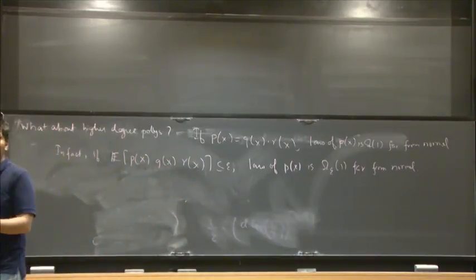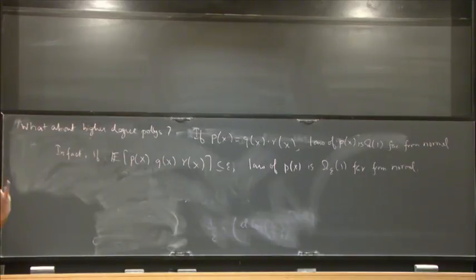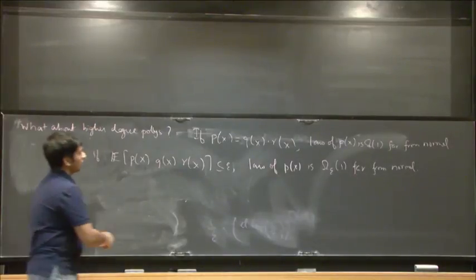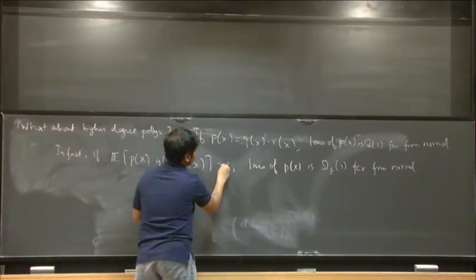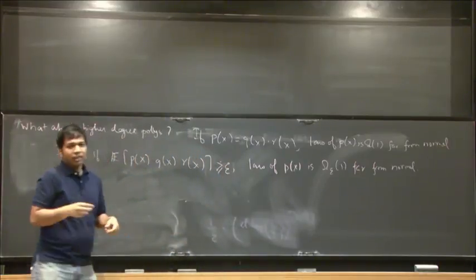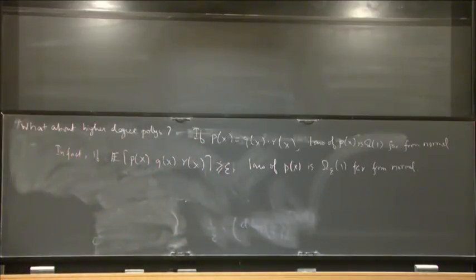So if we can find such Q and R, and the correlation is at least epsilon, then the law of P(x) is omega epsilon 1 far from a Gaussian. So this is a hindrance.